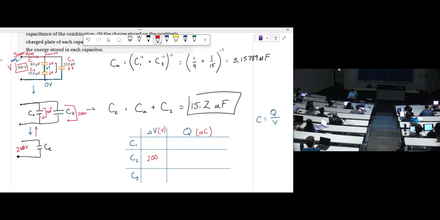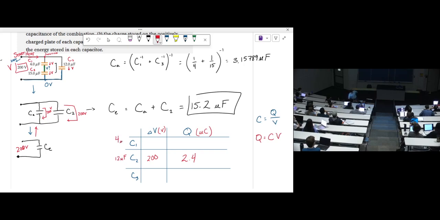And so what I can do then is, okay, 200 volts times a capacitance of, let's see, C2 was 12 microfarads. 200 times 12 microfarads ends up giving me, let me scroll down to my table in my notes, that comes out to be 2.4 microcoulombs of charge, just taking the fact that Q is going to be equal to C times V. And C2, if we want to write it down, is 12 microfarads.